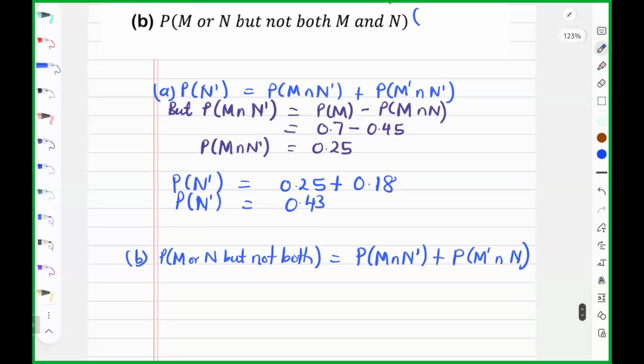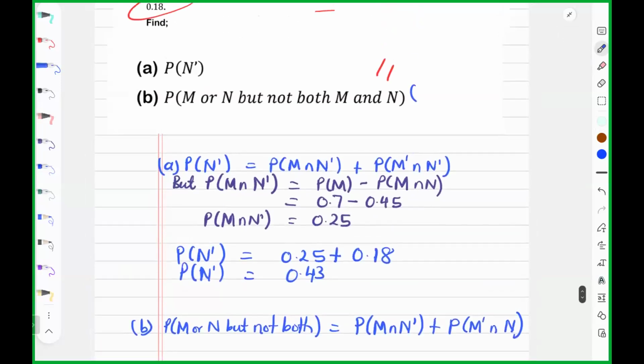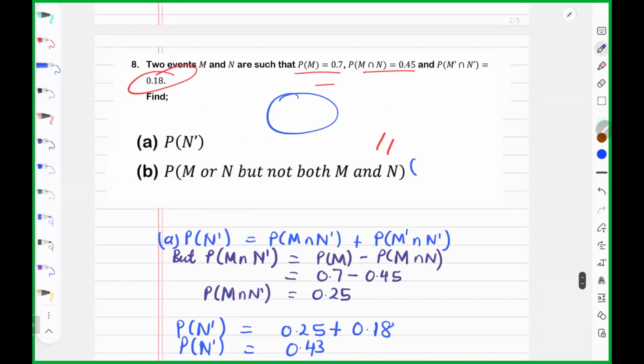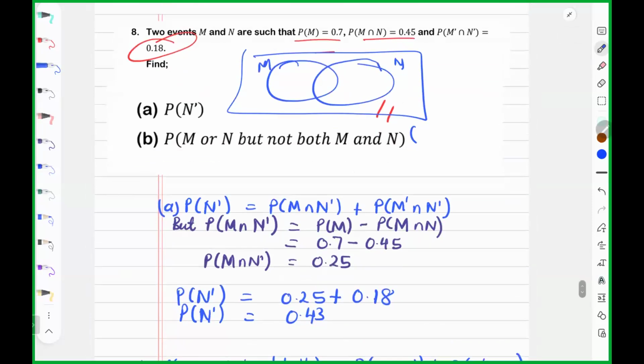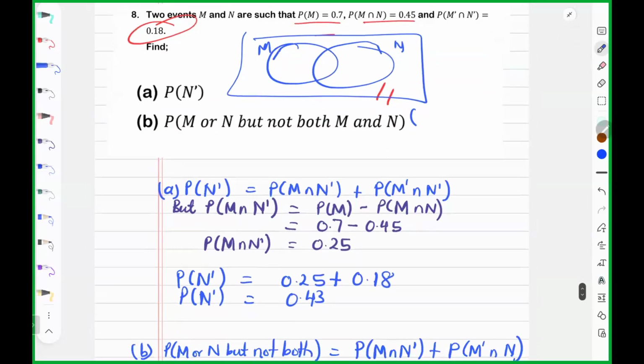Just a simple explanation I can give: if I can represent it as a set, M and N, I want M or N, but not both occurring. So they're just excluding the intersection from the union of these two.